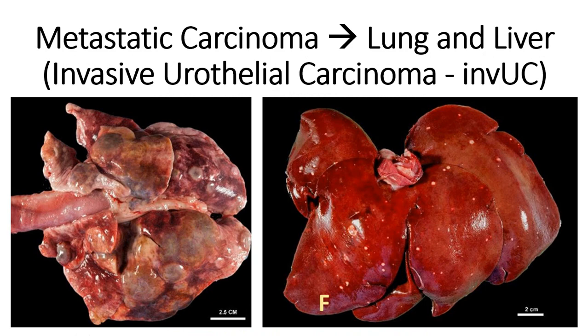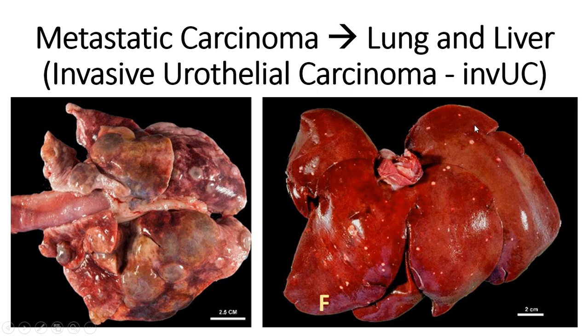This is a metastatic tumor of urothelial carcinoma that originated from the urinary bladder. The tumor reached the lung and also the liver. Here are the nodules of the tumor that reached the lungs, and the whitish spot here is the part of the tumor that reached the liver through the blood vessels.